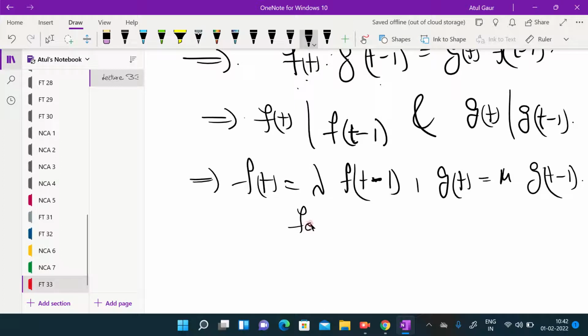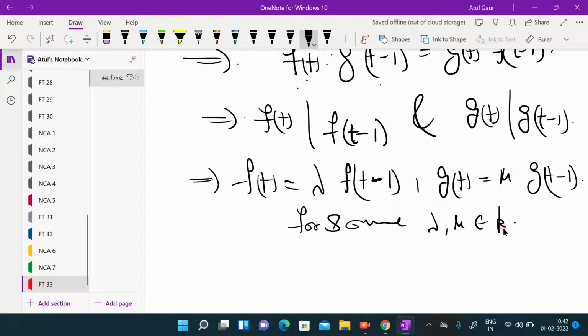This is for some lambda, mu in K. Is that fine? So if alpha is a root, then alpha minus 1 is also a root. Now apply this argument to alpha minus 1. Alpha minus 1 is a root, so alpha minus 2 is also a root. Alpha minus 2 is a root, so alpha minus 3 is also a root.